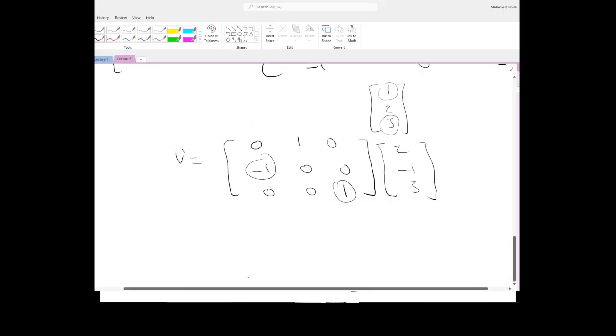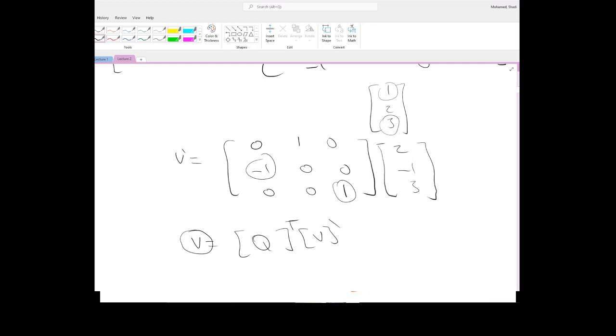Now, you can transform it backwards by taking the transpose of Q multiplied with V dash. All right, so I want you to apply the transpose and find the new vector, or get back the same vector as you apply the transformation backwards. Okay, so I'll give you 2 minutes and try to get the transformation backwards.